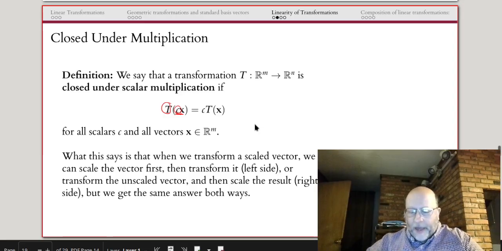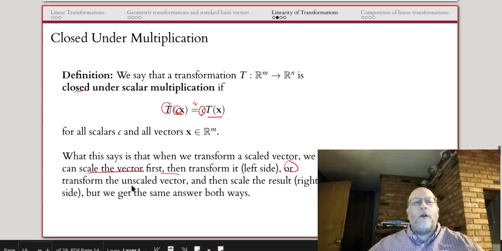On the right-hand side, I am transforming the vector x, and then I scale the answer after we've transformed it. A transformation is closed under scalar multiplication if the result doesn't matter. Whenever we transform a scaled vector, we can scale the vector first and then transform it, or we can transform it and then scale it, but we get the same answer both ways.